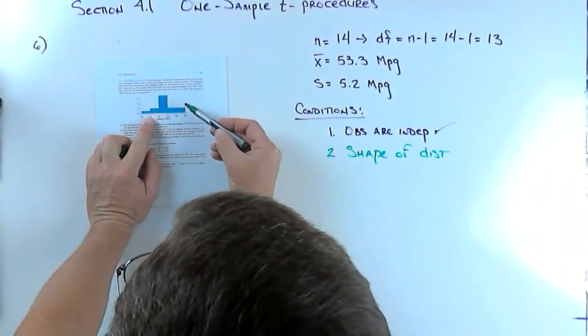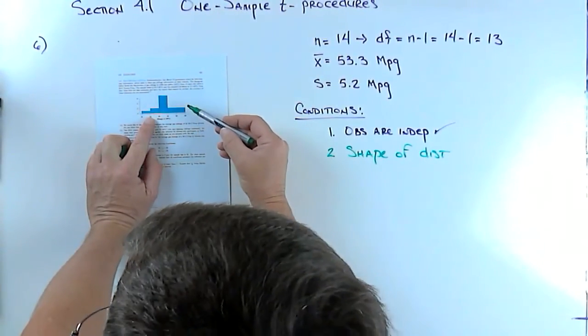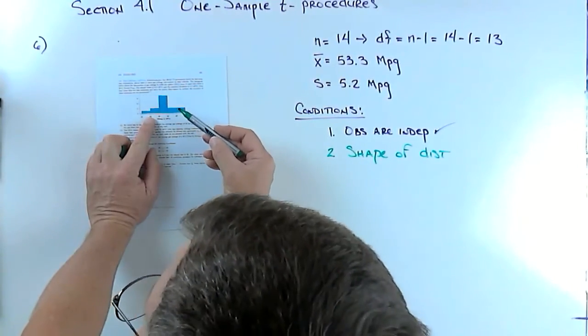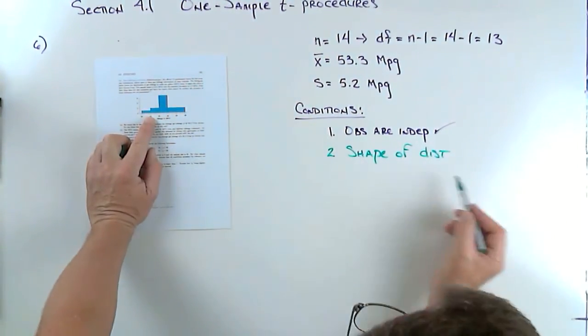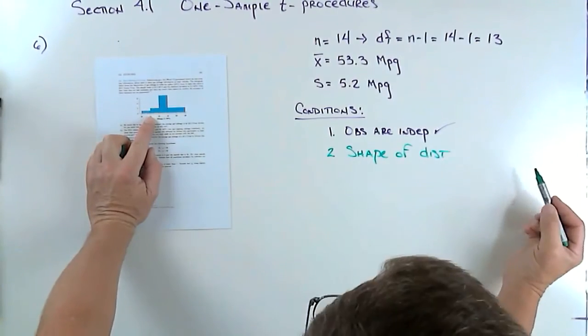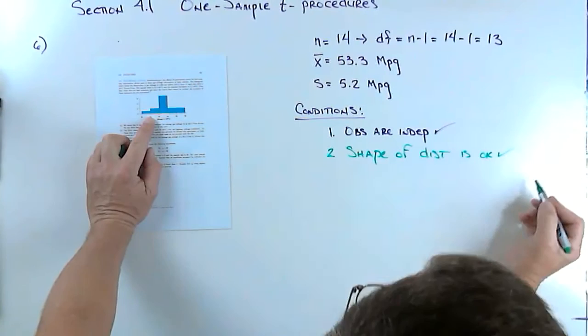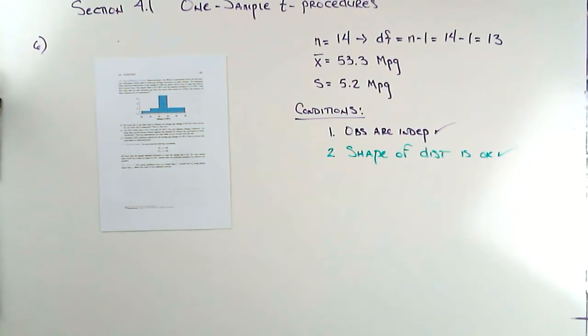It's symmetric, it's unimodal, right? It's not skewed one way or the other. It's very close to normal. You have to write those words down. You don't write shape of distribution is okay and put a check mark. That's not, again, college level work. We have to have a conversation with the reader.